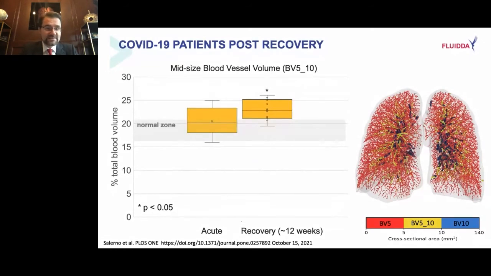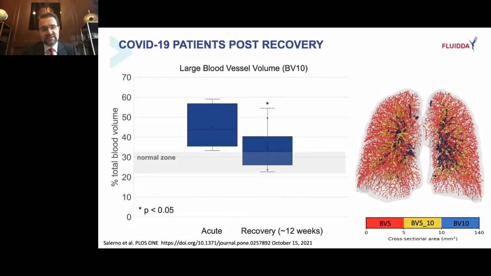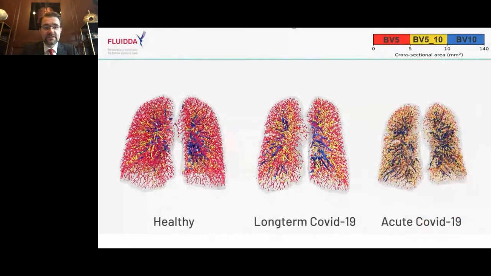The mid-size vessels, so the yellow zone, the BV5 to 10, it's interesting, it moves out of the normal zone, so you do see that the signal or the signature moves towards the different zones, and then the larger vessels, they also tend to move towards the normal zone. So I think in here, if you visually see the long-term COVID, not as severe as acute COVID, but not quite there.